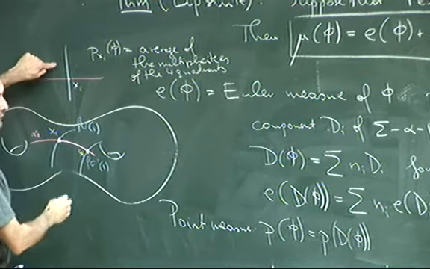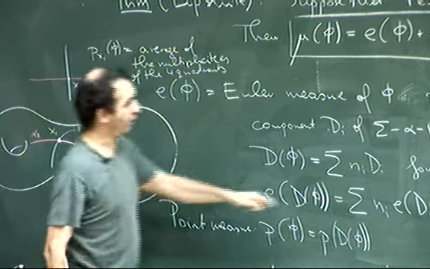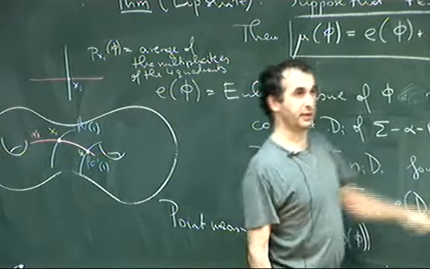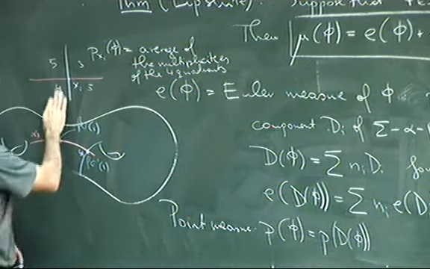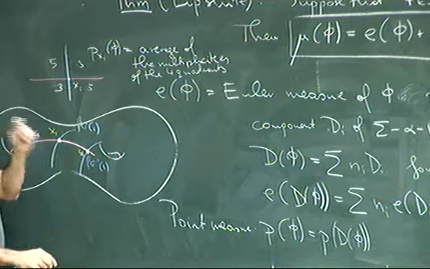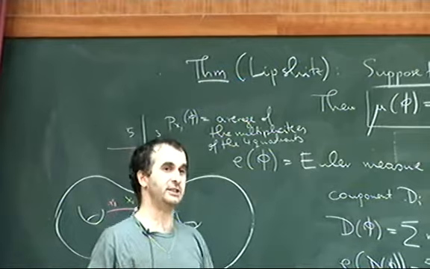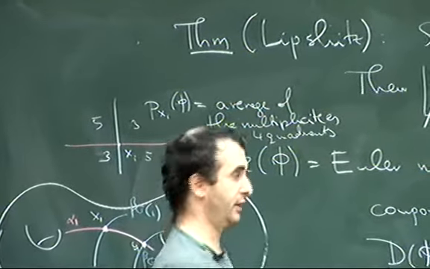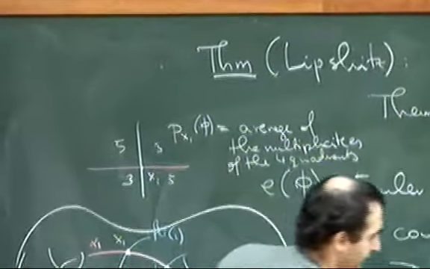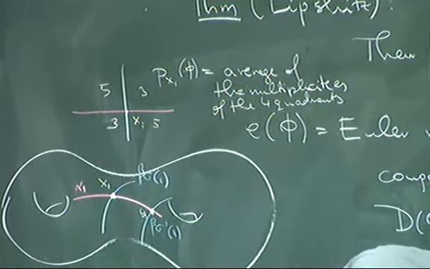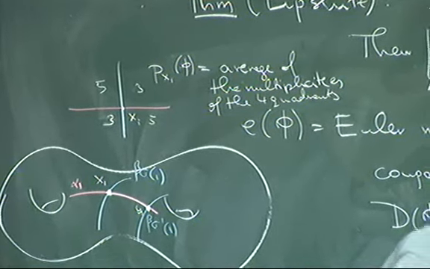Every component of the complement of alpha and beta comes with some number ni. I just write it here. It's like 5, 5, 3, 4 or something, or 3, 3, and then I just take the average of these 4 numbers. So it's typically an integer divided by 4. I do it for every x and for every y, and I sum them up, and this is it. So this is just the sum of p xi phi plus p yi phi.